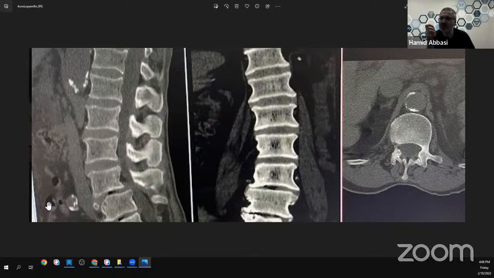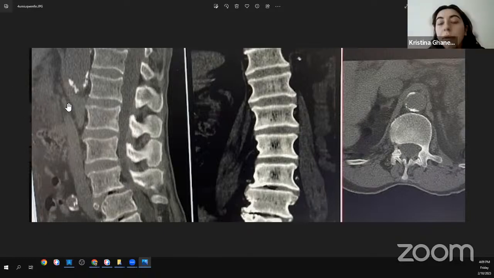Where would it be normal to see gas? Like if I see something dark anywhere else, where would I be very worried about seeing air in our body? I wouldn't be worried if it was within the sinuses of the face, along the GI tract, or having darker densities within the lungs.